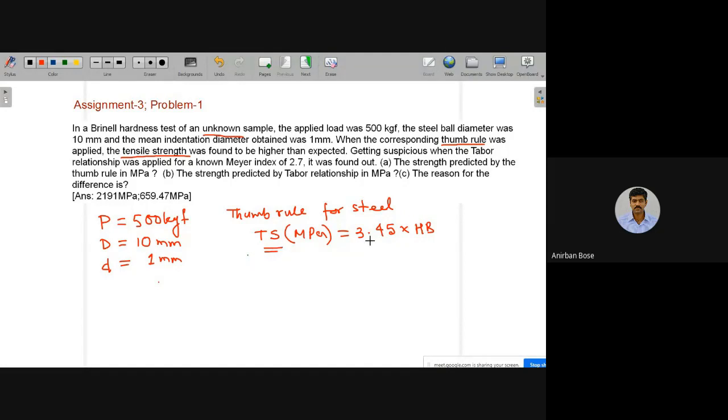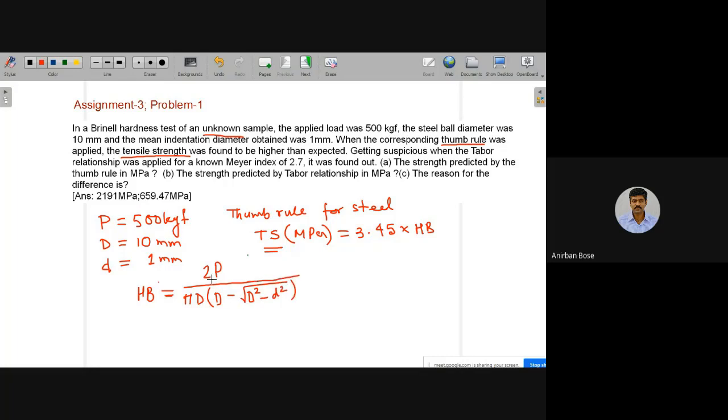And that we can find easily because from these measurements, we can easily calculate HB. What is the formula of HB? Let us write it again. HB is given by the formula 2P divided by pi D into D minus square root of D square minus small d square.